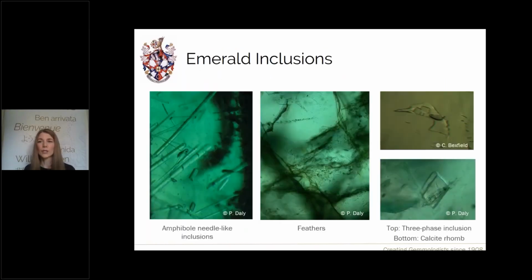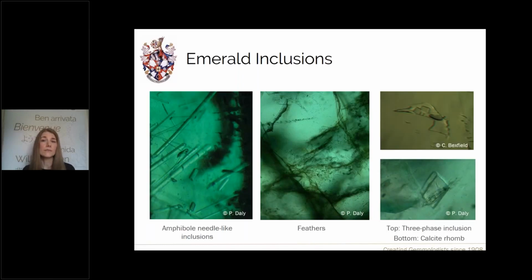Looking at emerald inclusions. Now, why are we looking at inclusions to begin with? Well, firstly, they're of great interest to gemologists. They're really interesting to dive into and investigate. But also, inclusions can tell you a lot of things about a gemstone. Firstly, they can tell you whether or not something is natural or if it's been created artificially in a lab.